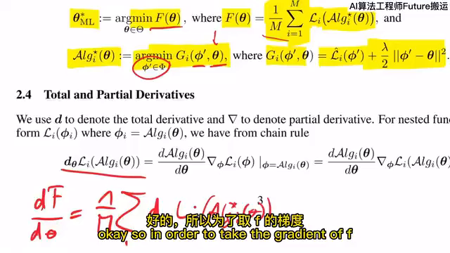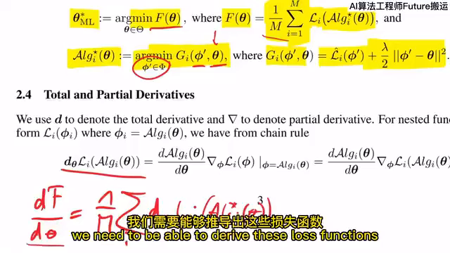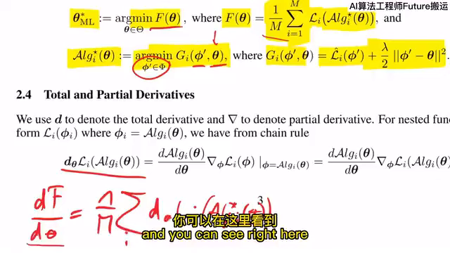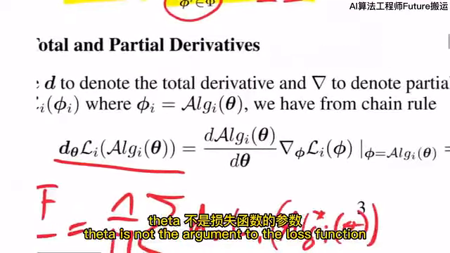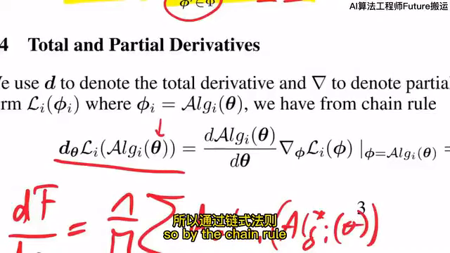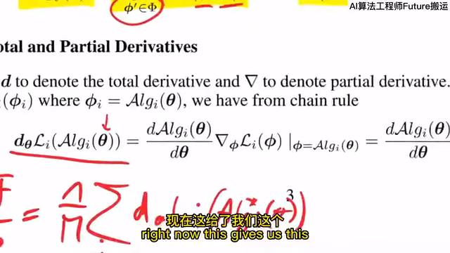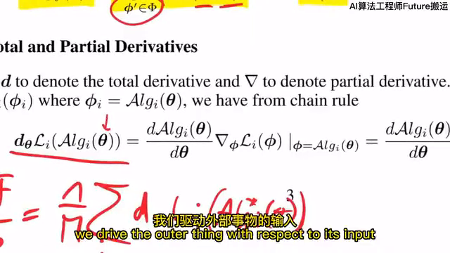Okay, so in order to take the gradient of f, we need to be able to derive these loss functions, and you can see right here, theta is not the argument to the loss function, theta is the argument to this inner procedure. So by the chain rule, this gives us this. The chain rule says we derive the outer thing with respect to its input.